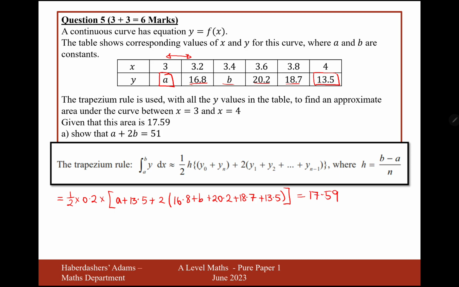17.59. Okay, so let's start to simplify what we've got here. So the front here is a half times 0.2, and a half times 0.2 is 0.1. So if I times by 10 onto the other side, that will get rid of these two values at the start. So I'm going to get 175.9 at the start, and that will leave me with a plus 13.5, add 2 lots of, let's add together the numbers that we've got inside this bracket here.